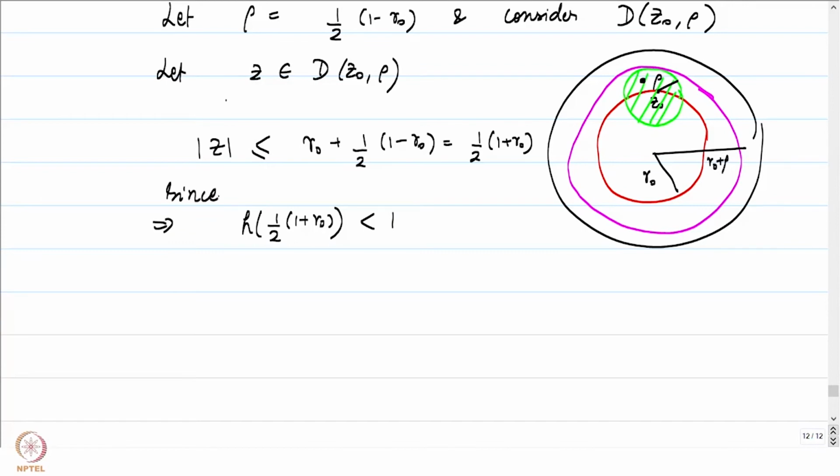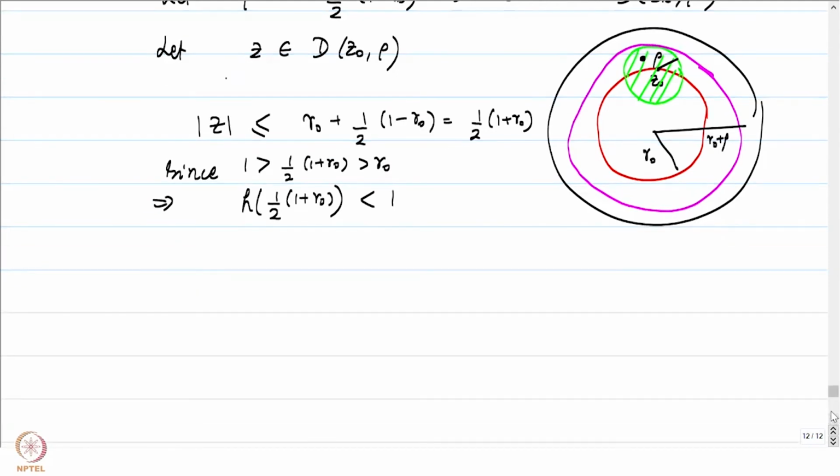Why is this the case? This is because 1 is greater than half of 1 plus r naught, which is greater than r naught. So this is precisely the reason why we have written whatever we have written. And what is this? This is basically telling us that 1 is greater than 1 minus half of 1 plus r naught times m of half of 1 plus r naught.